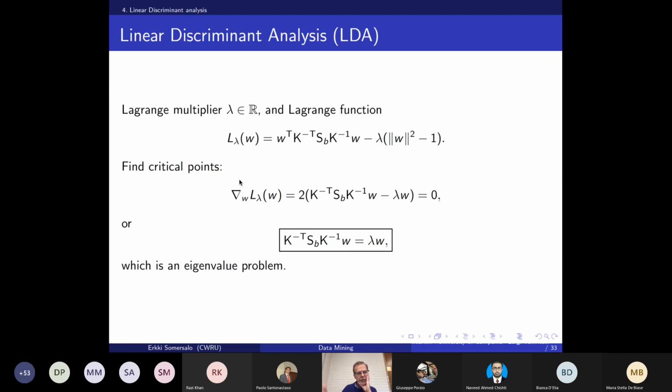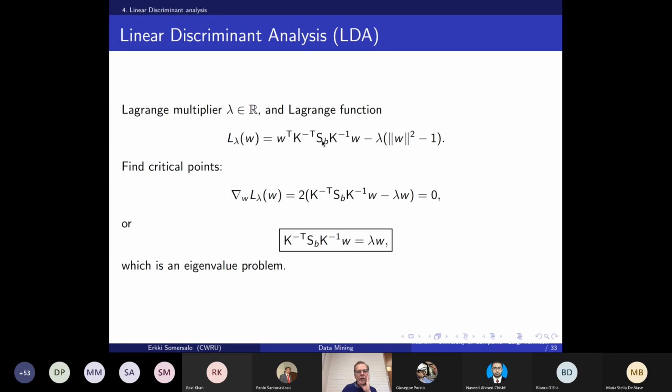So that's by definition what critical point means in this case. So I'm taking the gradient of this L lambda W, and I'm saying that this gradient has to be 0. So the nice thing about a quadratic function is that its gradient is a linear function, and so then setting a linear function equal to 0 corresponds to a linear problem.